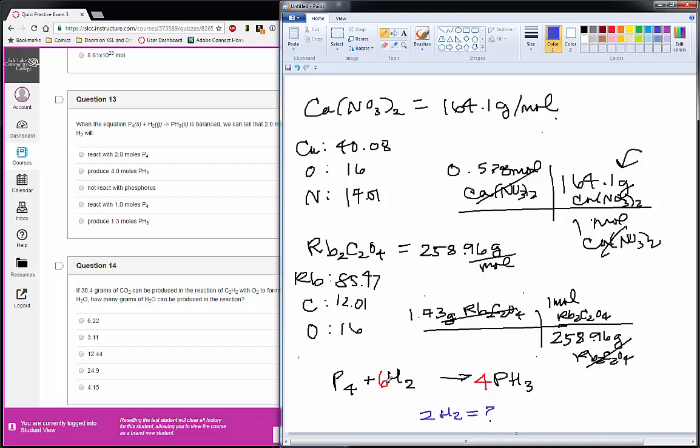Okay. Well, I know that what I've got here is 6. So if one of these reacts with 6 of those, then let's see how much P4 it will react with. 6 H2s react with 1 P4. That means I'm going to have 1/3 of a P4. So I have 2 here. It's going to be 1/3 here.